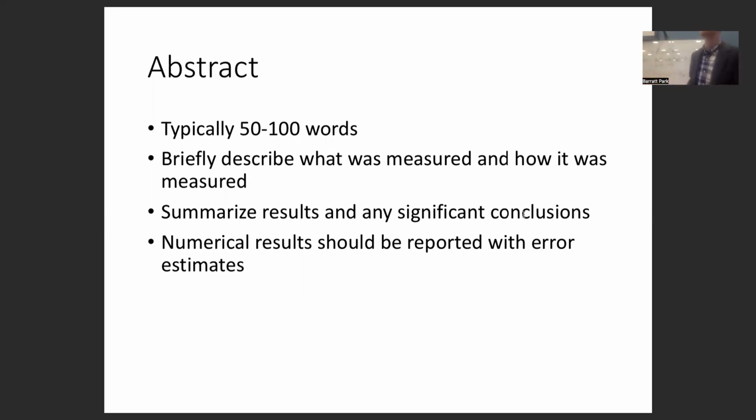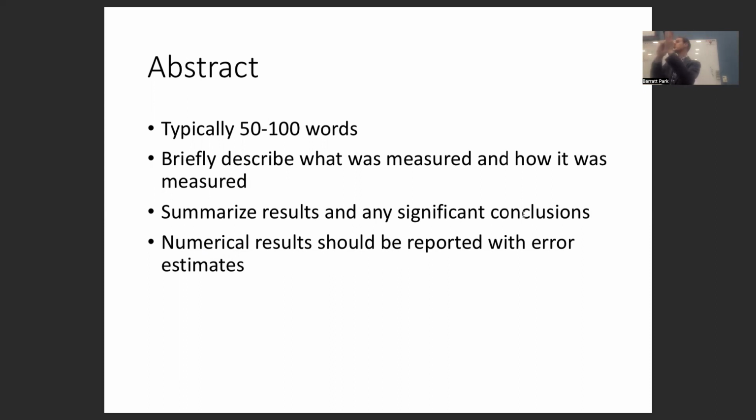Basically, the reason why an abstract is so important, it's kind of like a scientific TLDR, right? There's lots and lots of literature out there. Nobody has time to read every paper. If you're doing research on a particular topic, if you're trying to find a particular piece of information, you might try to find papers that are relevant to that. You're not going to read every paper, but you might take a look at the abstract of the papers that you find, and it's going to tell you, in this paper, we measured this quantity, we found it to be this, right?